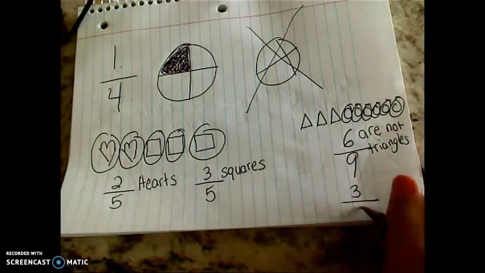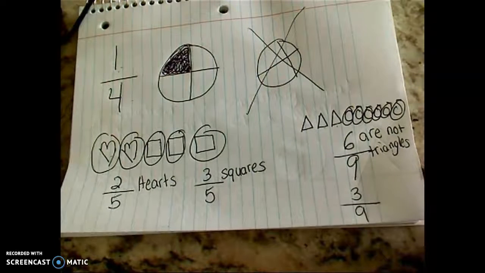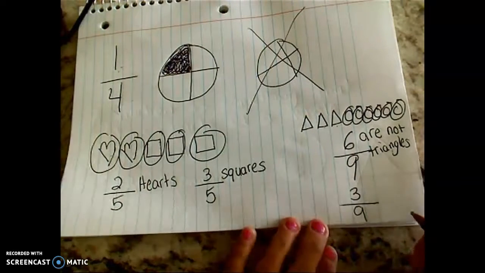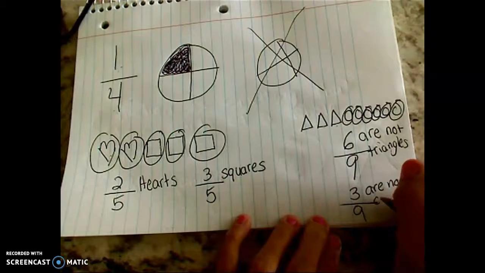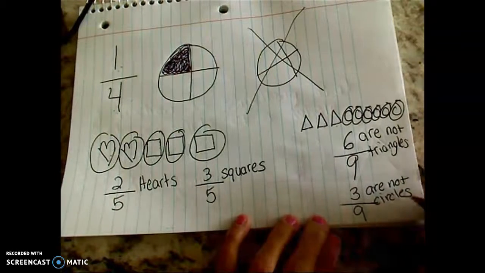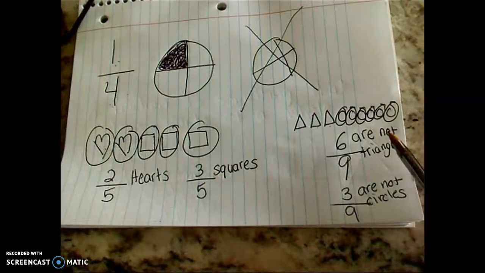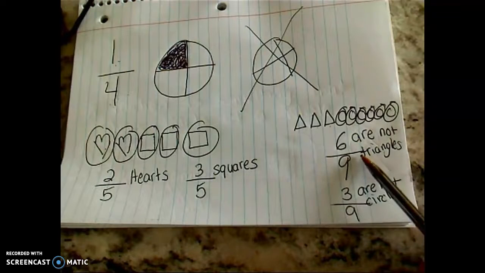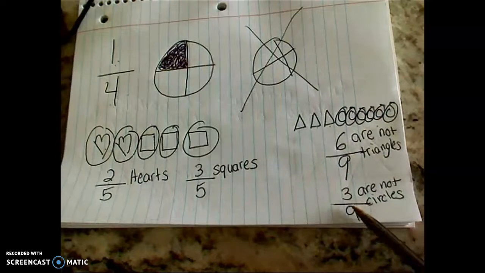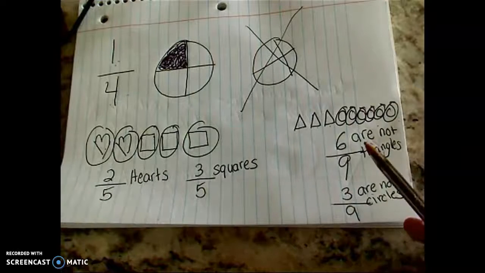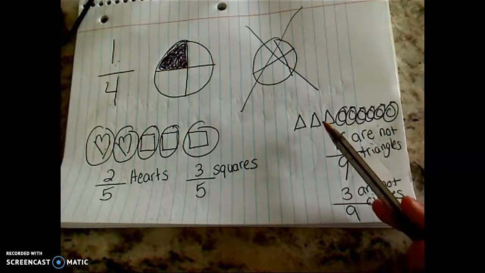And we know we had 9 all together. So 3/9 are not circles. So we know that 6/9 are not triangles, or 6/9 are circles, and we know that 3/9 are not circles, or 3/9 are triangles.